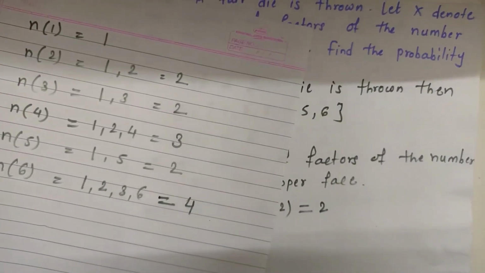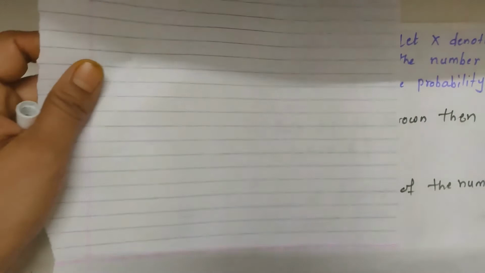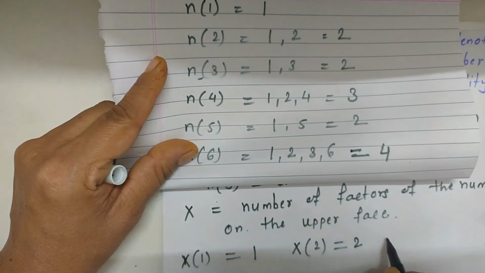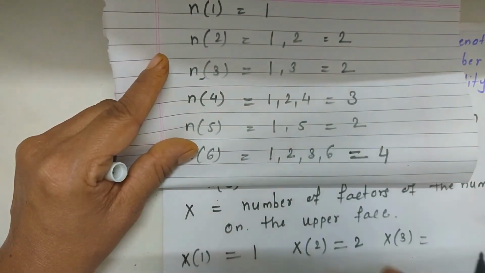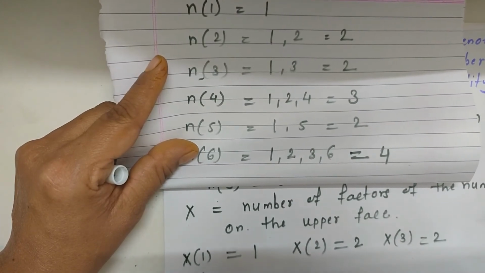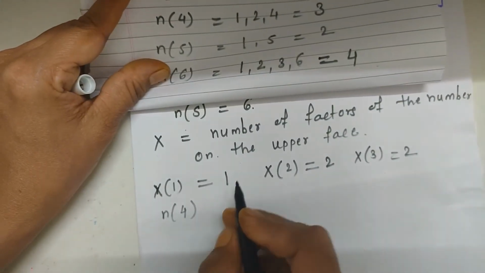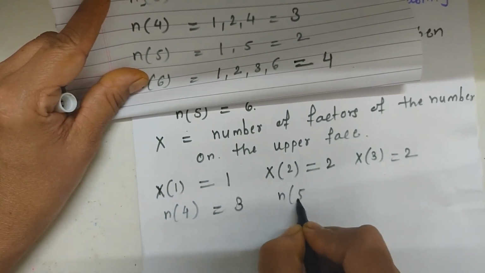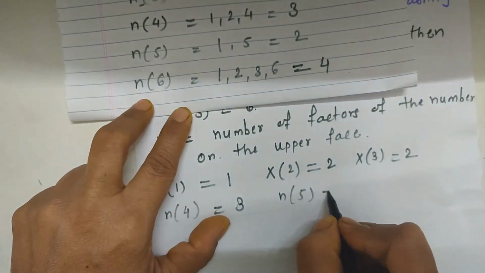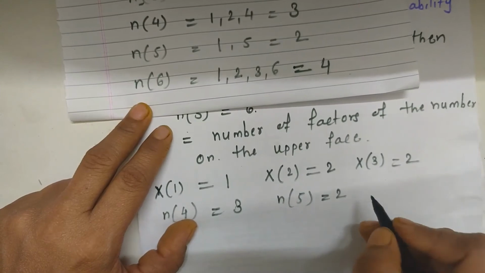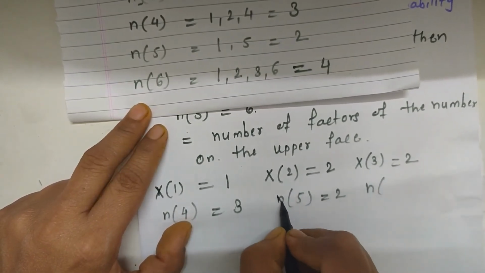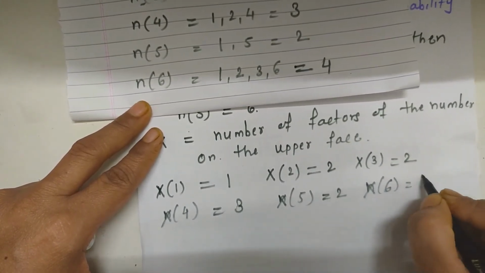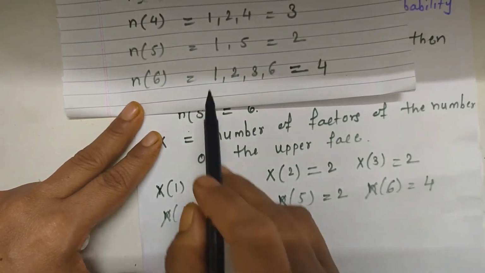So we can write the number of factors of each number as: x of 1 is 1, x of 2 is 2, x of 3 is 2, x of 4 is 3, x of 5 is 2, and x of 6 is 4.